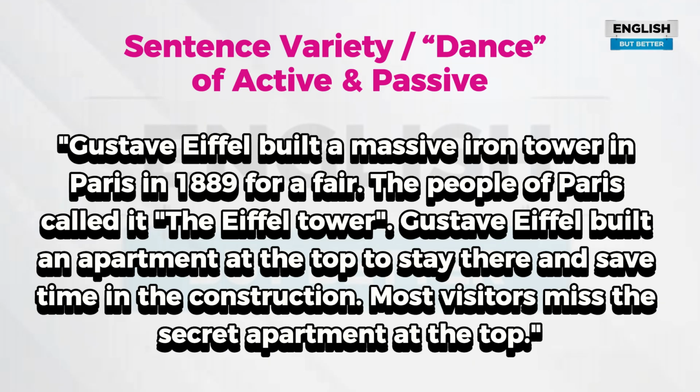The people of Paris called it the Eiffel Tower. Gustave Eiffel built an apartment at the top to stay there and save time in the construction. Most visitors miss the secret apartment at the top. Now this message comes across as blah, and blah means boring.